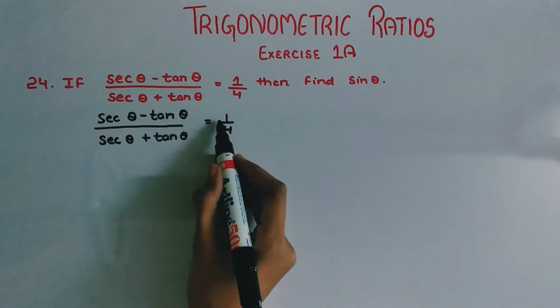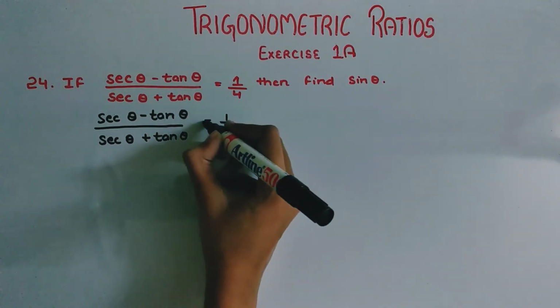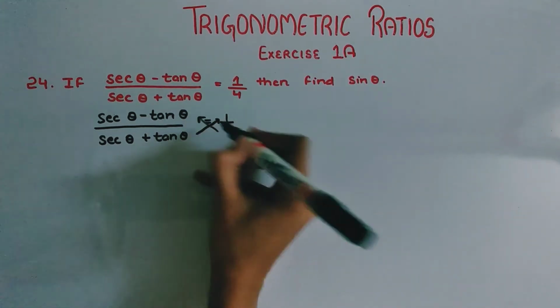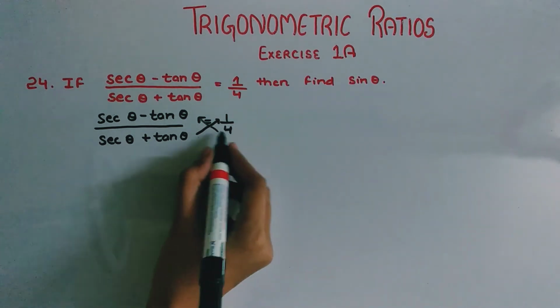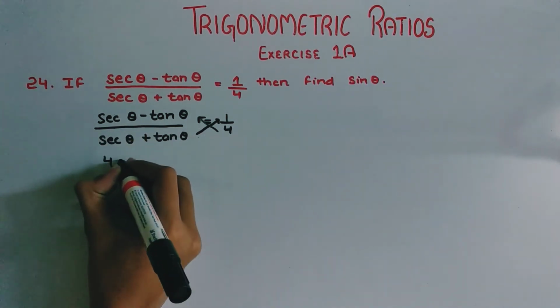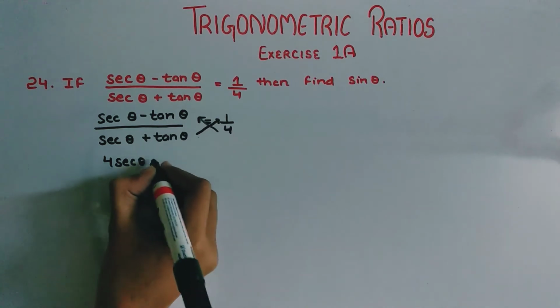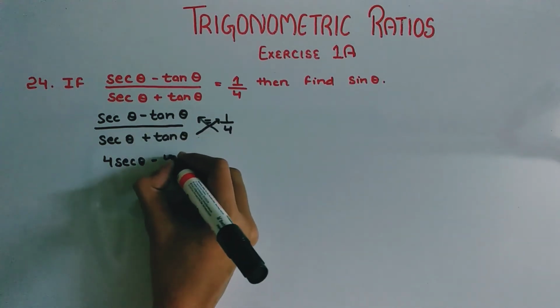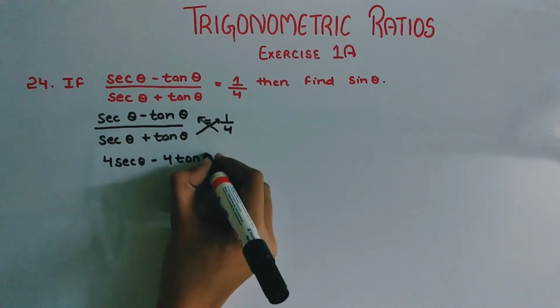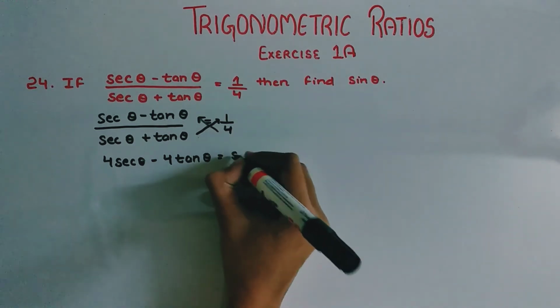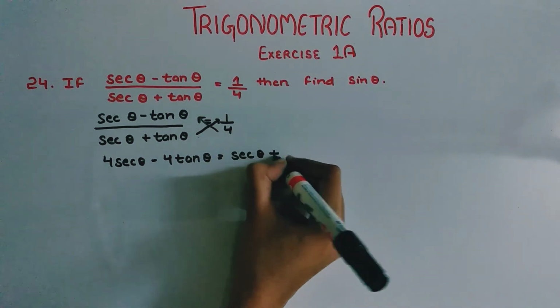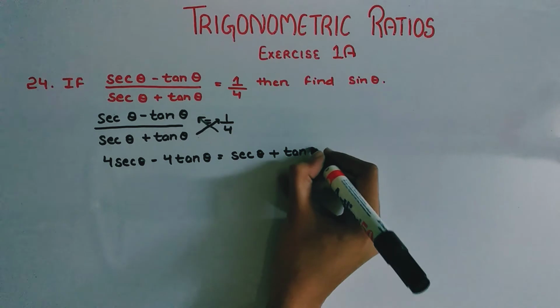First of all, we will cross multiply both. This will be 4 multiplied by secant theta, that is 4 secant theta, minus 4 tan theta, that is equal to secant theta plus tan theta.